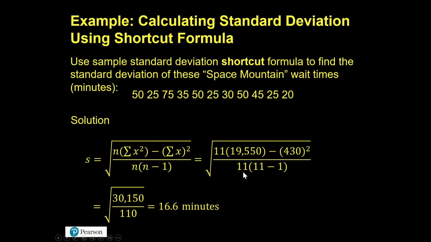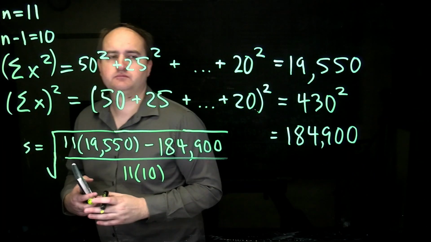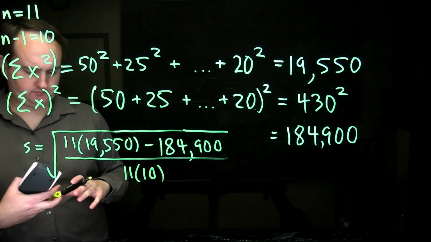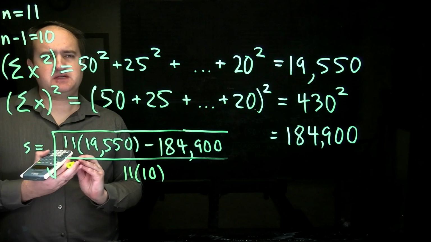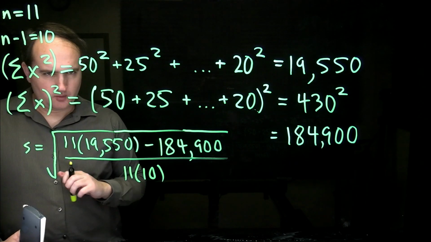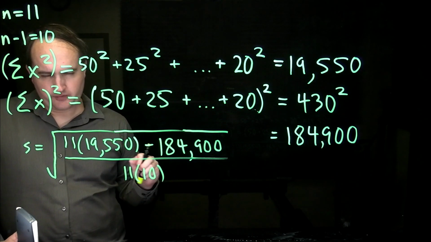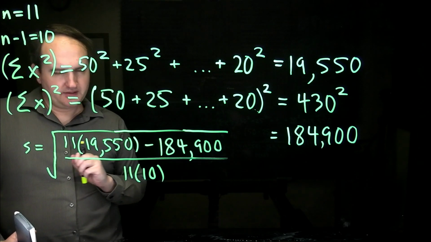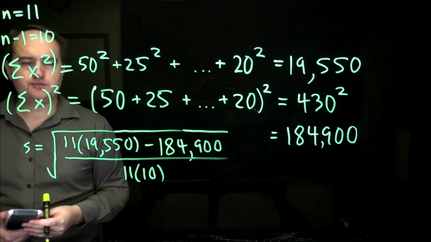So that's going to be all over 11 times 10. Okay. So as we can see there, we just plugged in all of those numbers that we calculated into various parts of the shortcut formula.